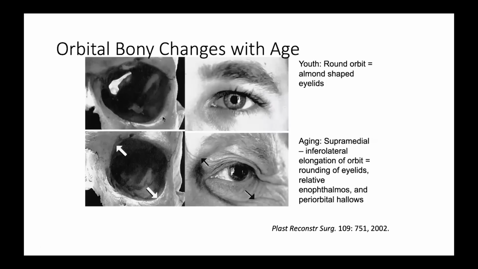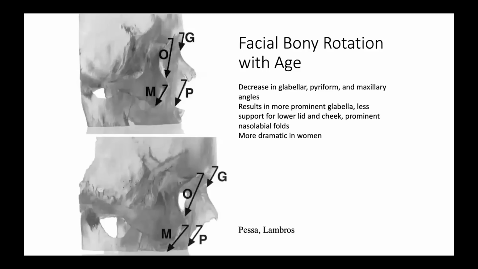As again, kind of showing this change. This is the youthful eye, more of a round-shaped orbit. This is the bone. And as we get older, it's stretching out superomedially and inferolaterally, and it's increasing this orbital volume. And what that means is it's allowing sort of the eye to sit back and look more deflated.